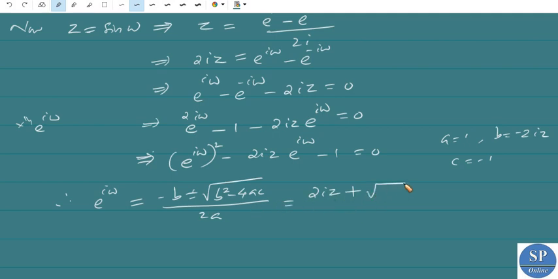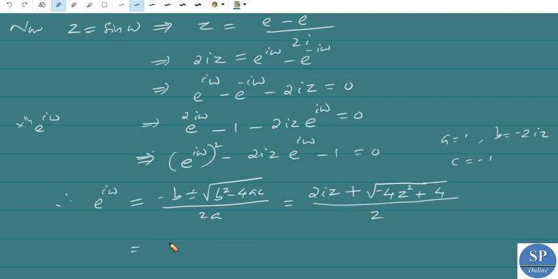Okay, so the square root of b square minus 4ac: b square is 4 times i square, which is negative 1, times z square, and minus 4ac, where a is 1 and c is minus 1, gives plus 4, divided by 2a, that is 2.